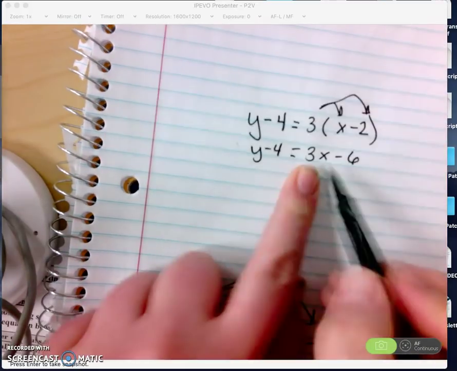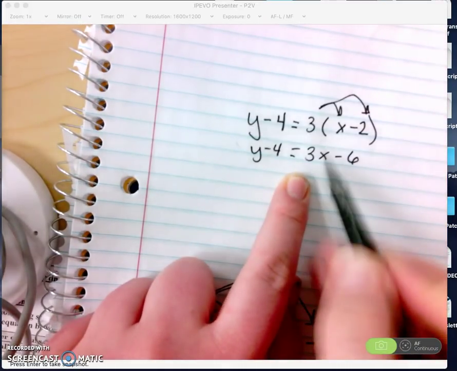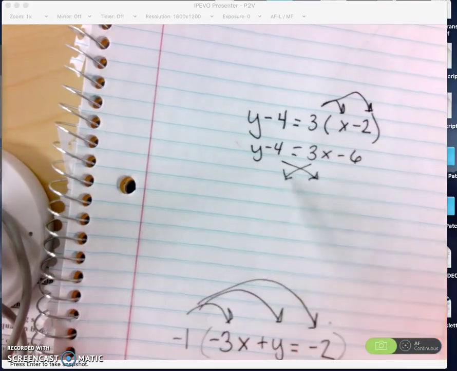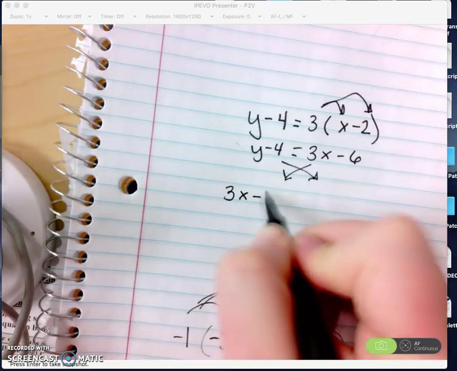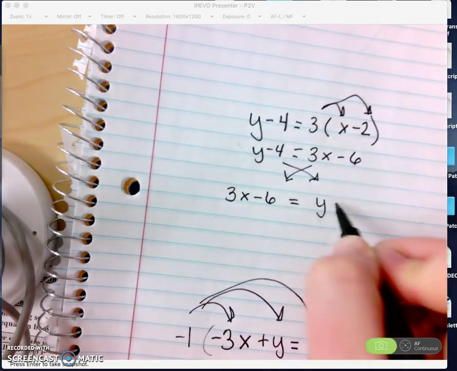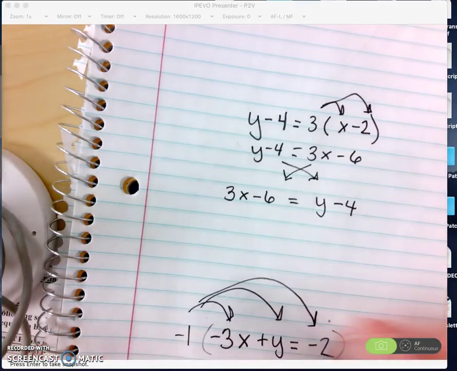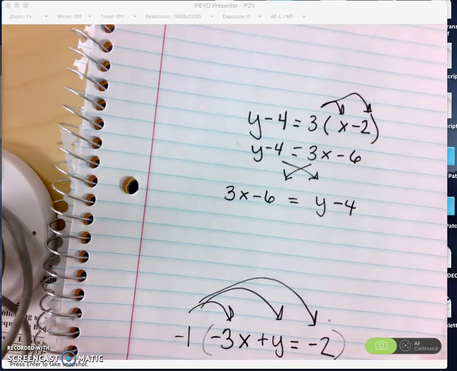Now if you see that your x term is positive, I'm just going to switch the sides. So now I have 3x minus 6 equals y minus 4. Now I have a positive x over here, and I'm not going to have to do any of that multiplying by a negative for that x to become positive.